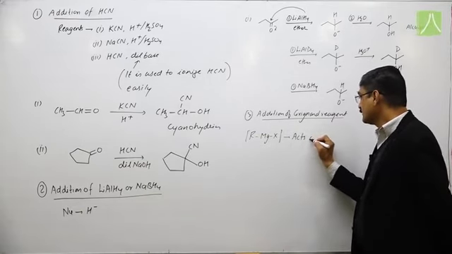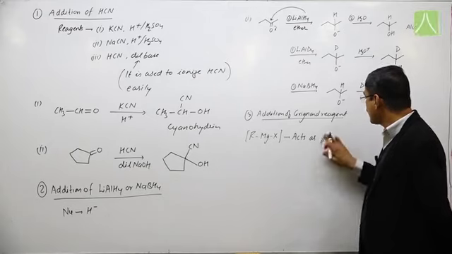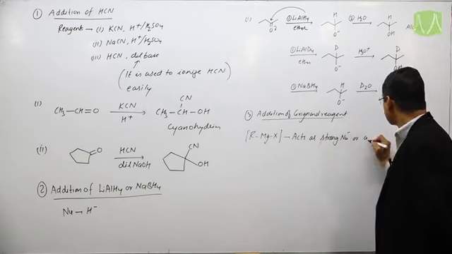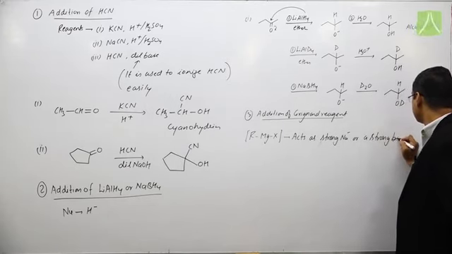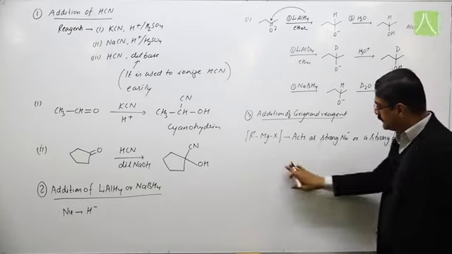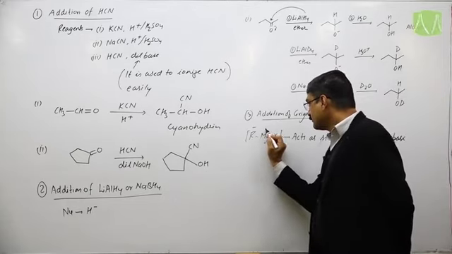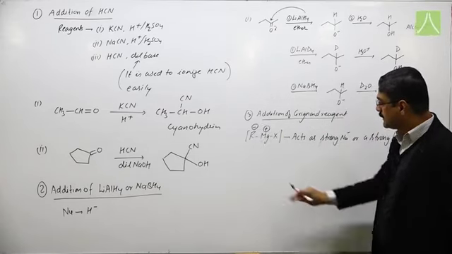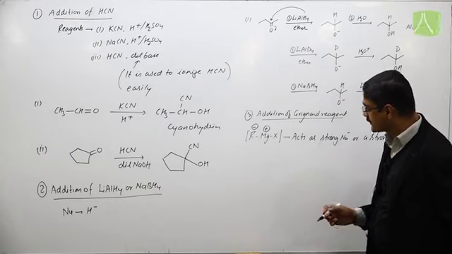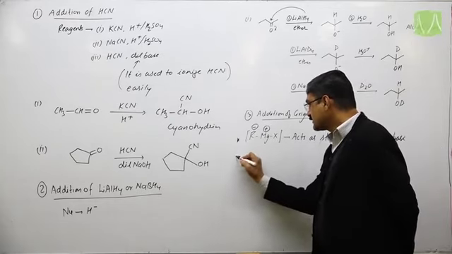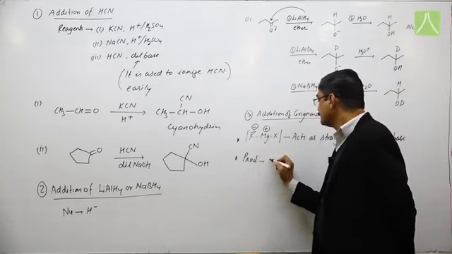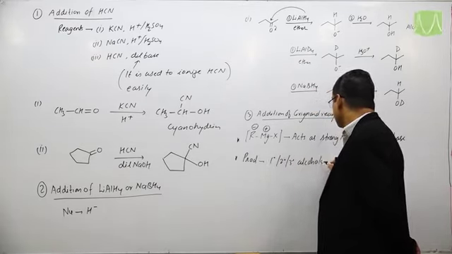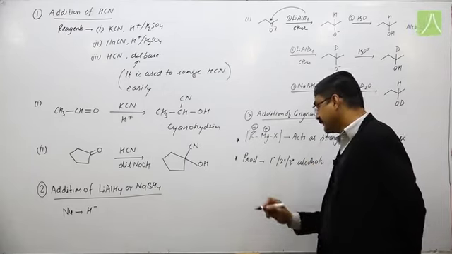RMgX acts as a strong nucleophile or a strong base because it is an organometallic compound and it acts like this, R minus Mg plus. So R minus acts as the nucleophile in this reaction. So products may be 1 degree, 2 degree, 3 degree alcohols depending upon the nature of the carbonyl compound.